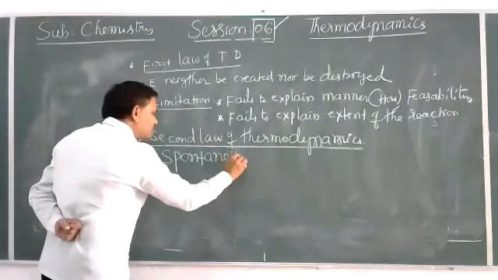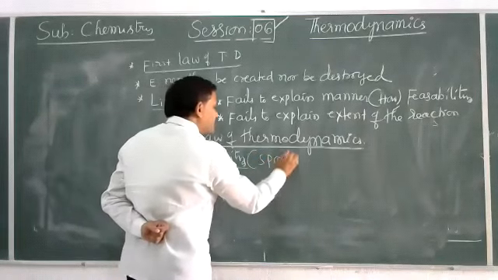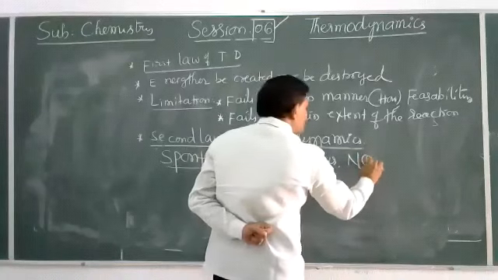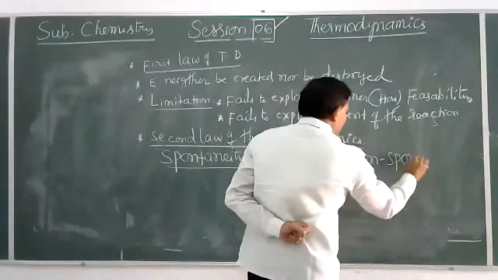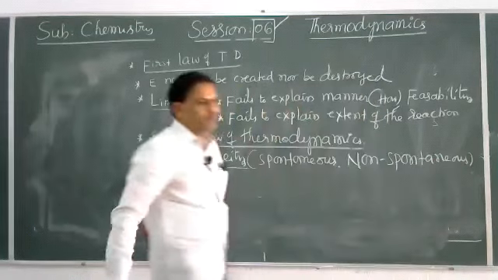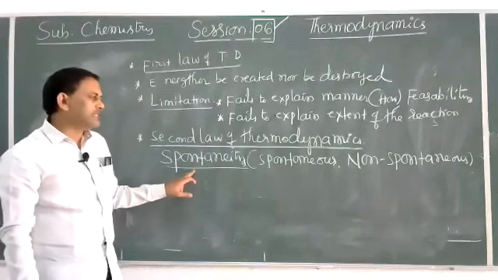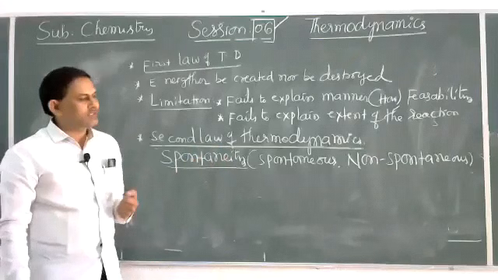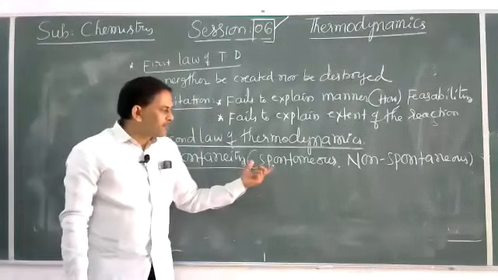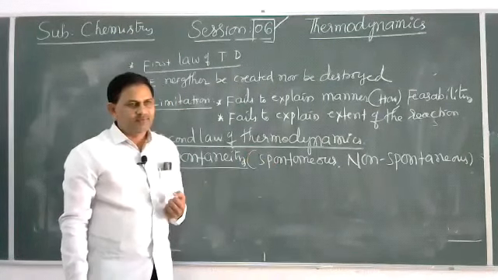Spontaneity here contains both spontaneous and non-spontaneous processes. This is the last concept in thermodynamics, spontaneity. What is a spontaneous process? What is a non-spontaneous process? What are the factors responsible to explain the spontaneity of the reaction?